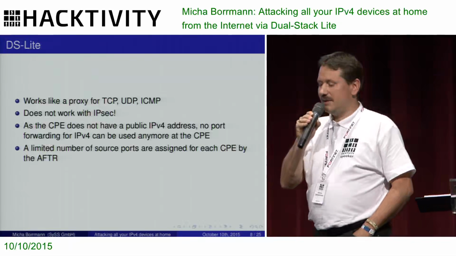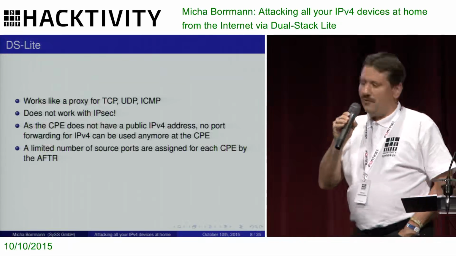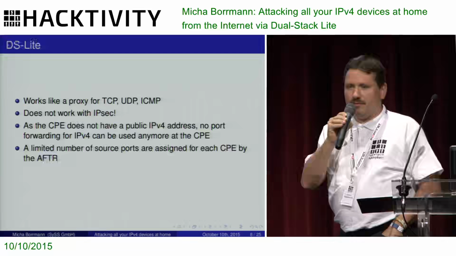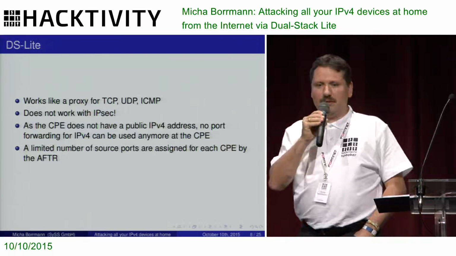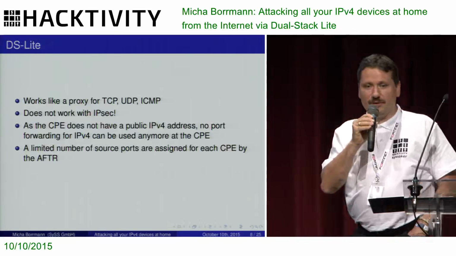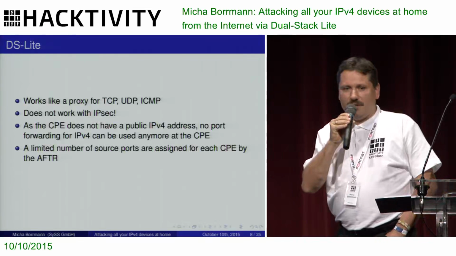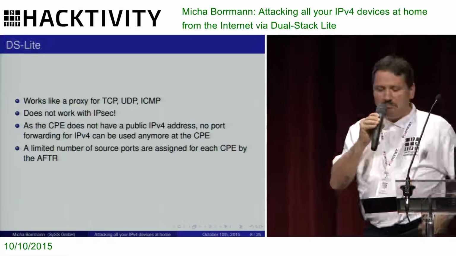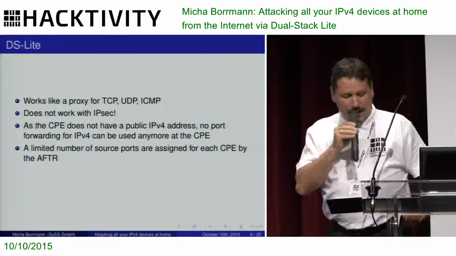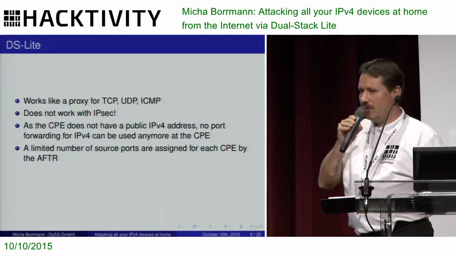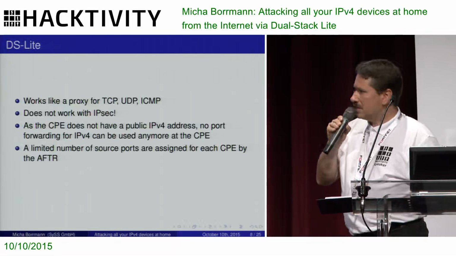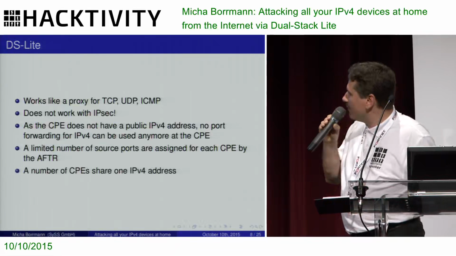Ports became a critical resource as well. If you have an IPv4 address shared by maybe 1,000, 2,000, 5,000 people at the same time, you cannot have 65,536 ports for you, only less. And how does it work? How are these ports designed?